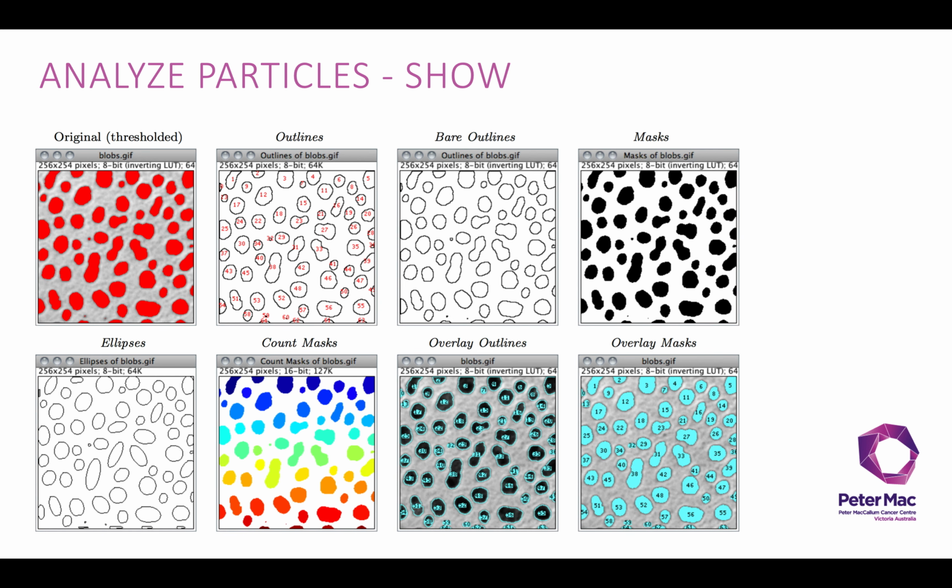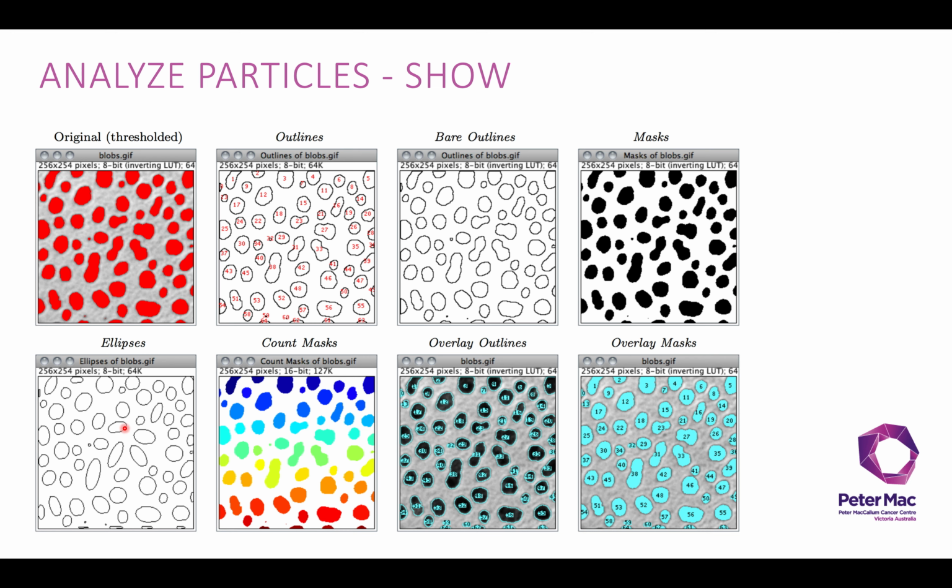In terms of your show options, we have a number of different things. So this is after you've done that filtering step, it can produce a new image. You can produce an image that has outlines, so outlines around your objects with each one with a number. We have one called bare outlines. One's called masks that we can go on and use in the analysis as a binary mask.